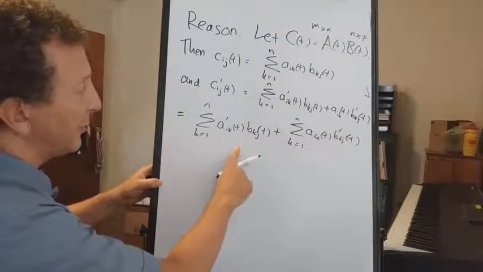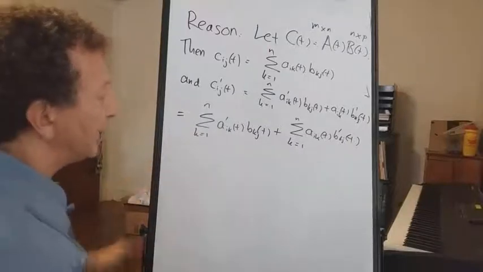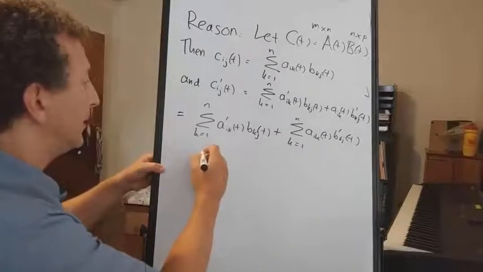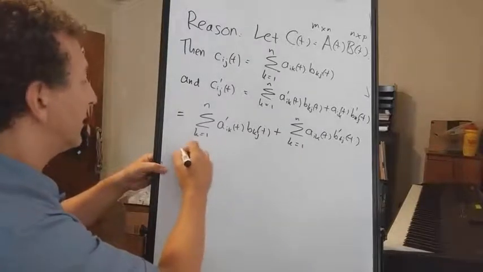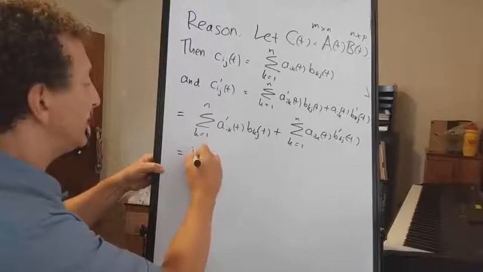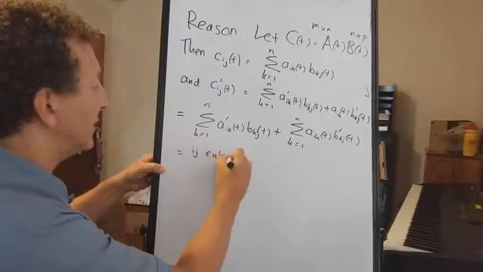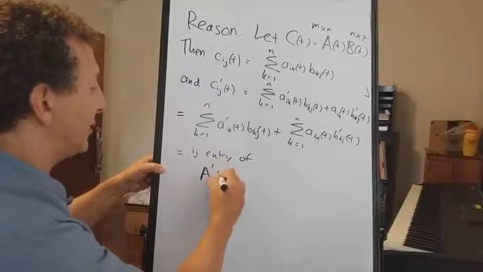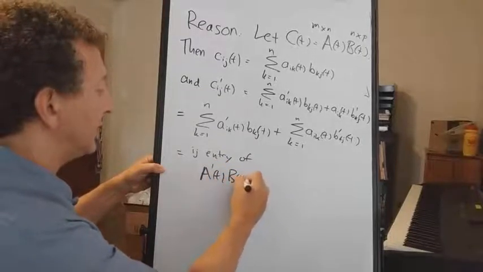And this sum we recognize from the product formula as the ij entry of A prime of t, B of t.